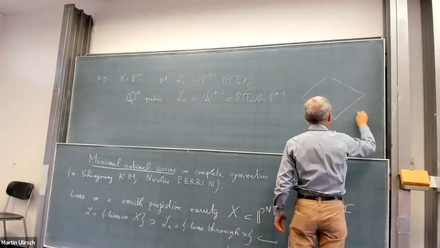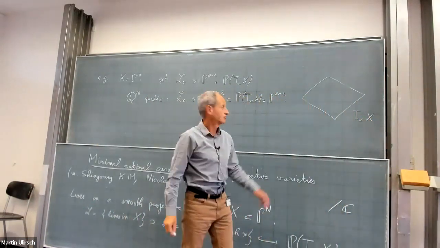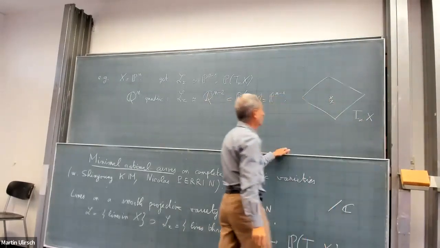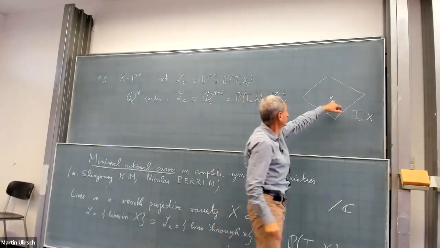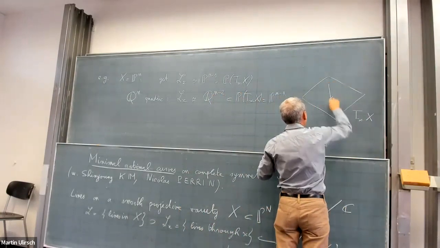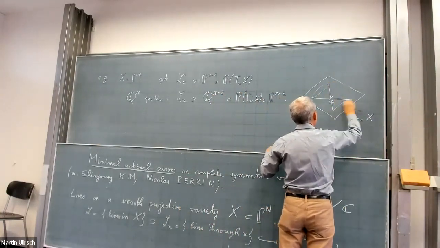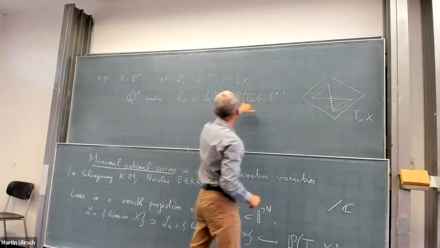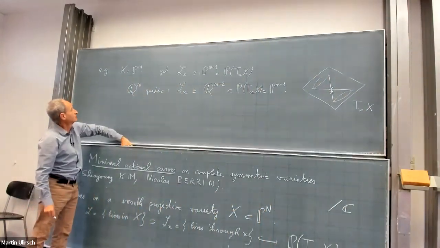You look at the Zariski tangent space to this quadric at some point x, and you look at lines in x. They must be contained in this embedded Zariski tangent space, and they are lines in the quadric cone, which is the intersection of the quadric with the tangent space at x, and the dimension of this cone is 2n minus 2. So that's kind of an easy example.